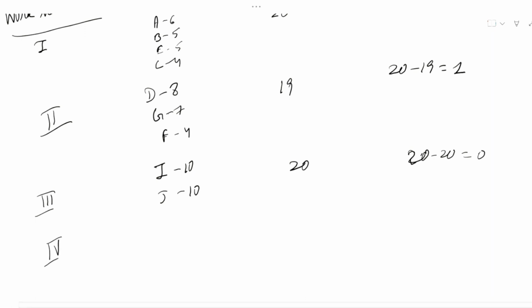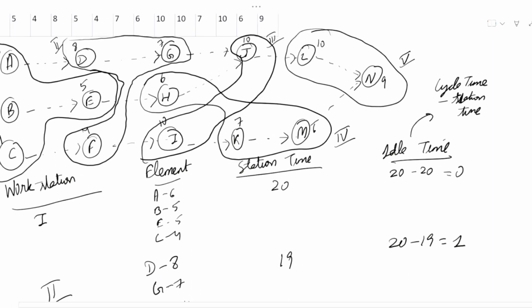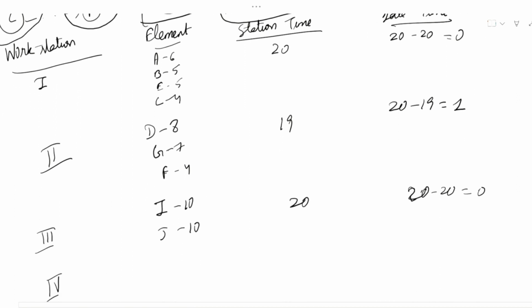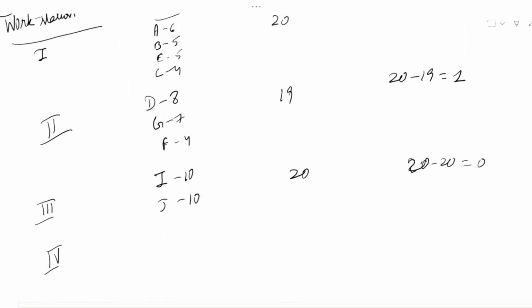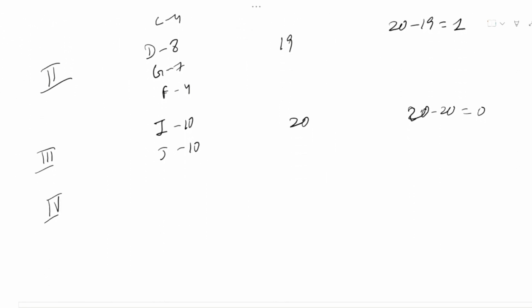For the next one, workstation 4 is H6, K7, M6. Total station time is 7 plus 6, 13, 19. Idle time is 1.